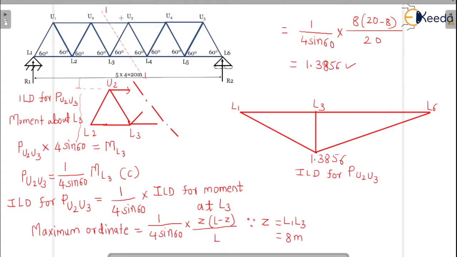Okay, so the maximum force in U2 U3 will be when the UDL of 60 kilonewton per meter occupies the entire span.